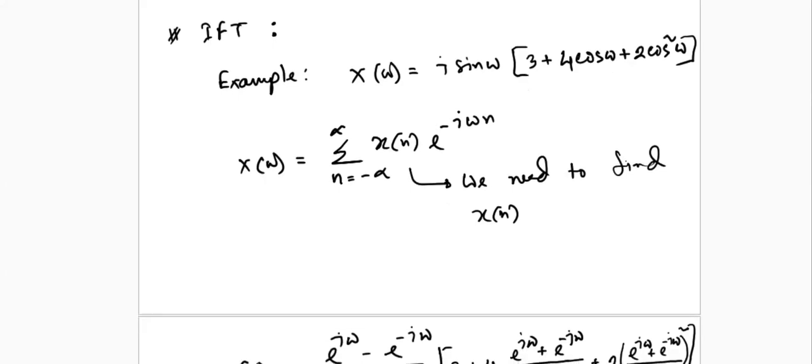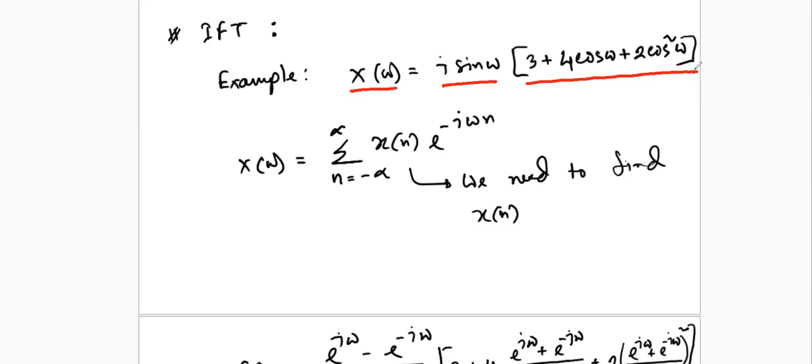For example, after having the Fourier transform, X(omega) is given as j sin omega multiplied by (3 plus 4 cos omega plus 2 cos square omega). By the notation, you can find that this is in the frequency domain.